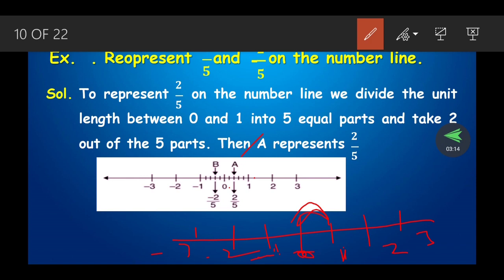So from 0 to minus 1, whatever distance is there, it is divided into 5 equal parts. And the second part out of 5 parts is represented with the symbol B, which stands for minus 2 by 5.